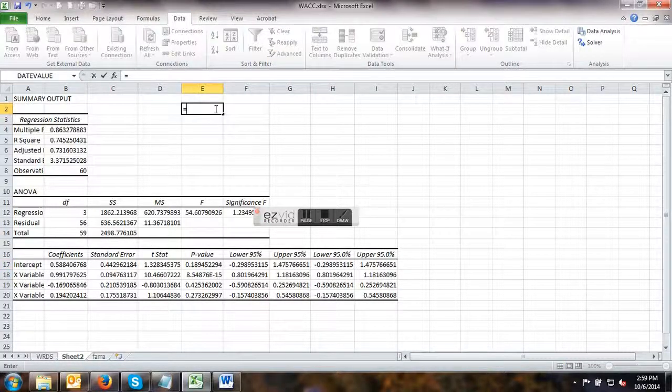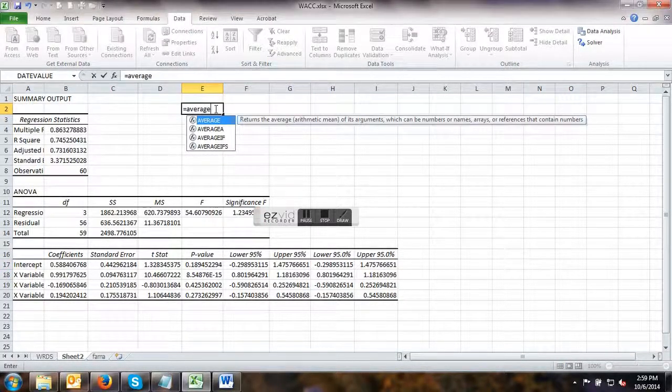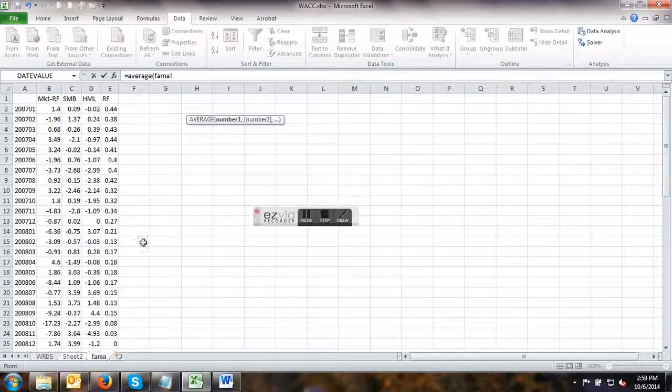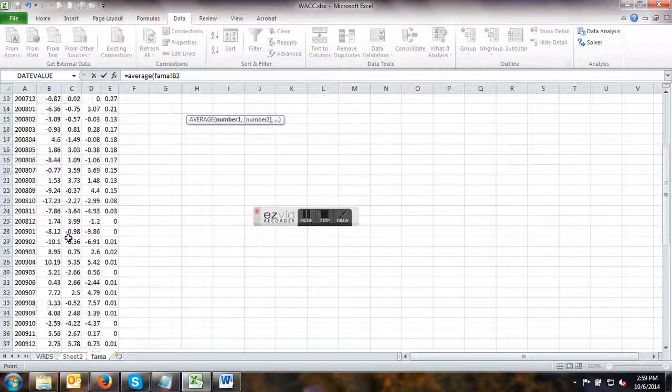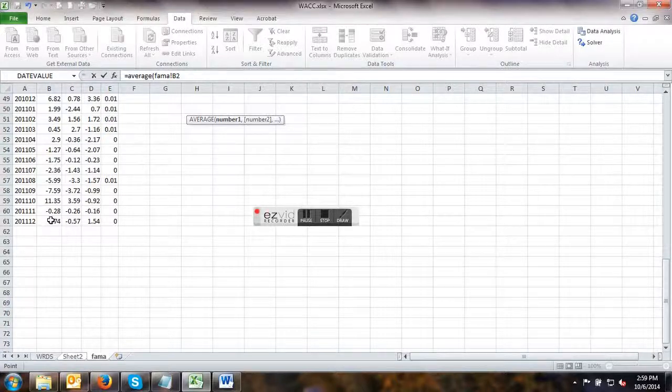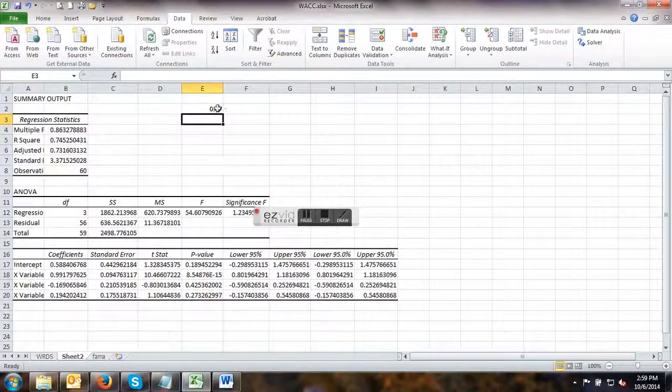So equals the average. And we'll come back here to Fama and pick the market return. And I'm going to go ahead and drag this one over 3 places. So these are the averages for the values.